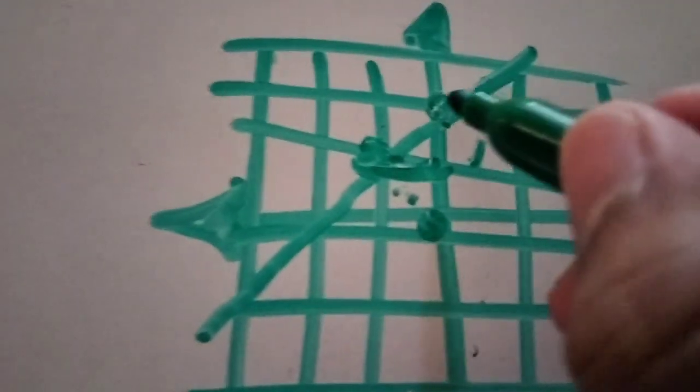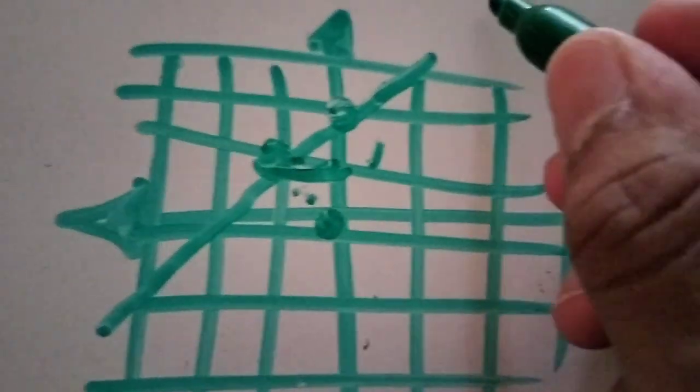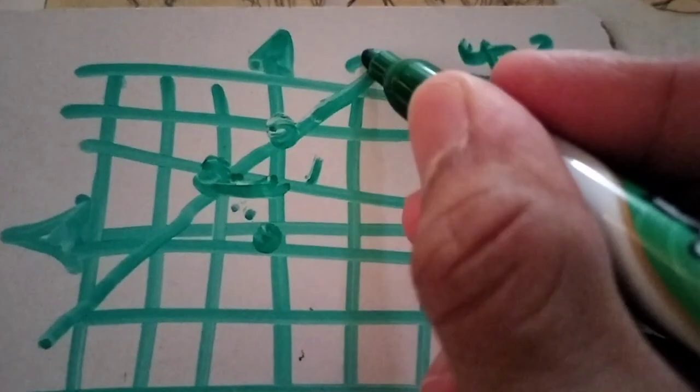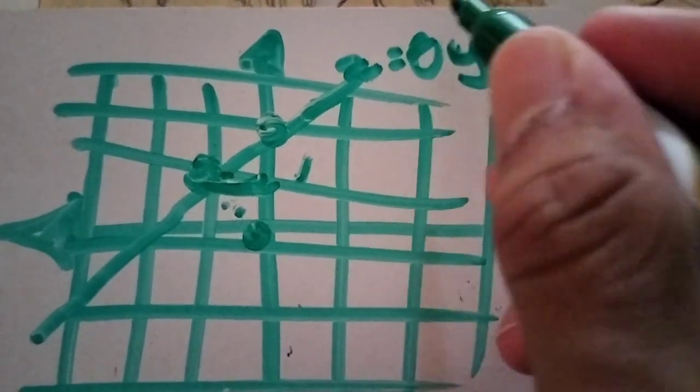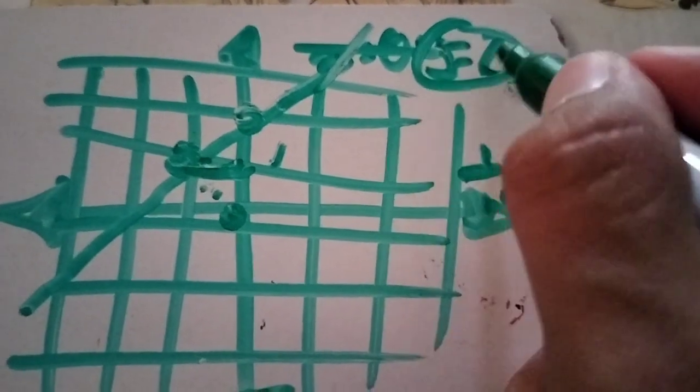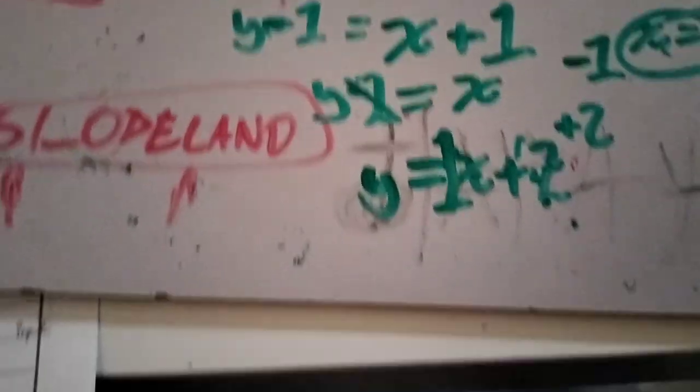Because this point has a y value of 2 and an x value of, say, 0. But that doesn't matter really much. What's important is this y equals 2. It's +2 right here.